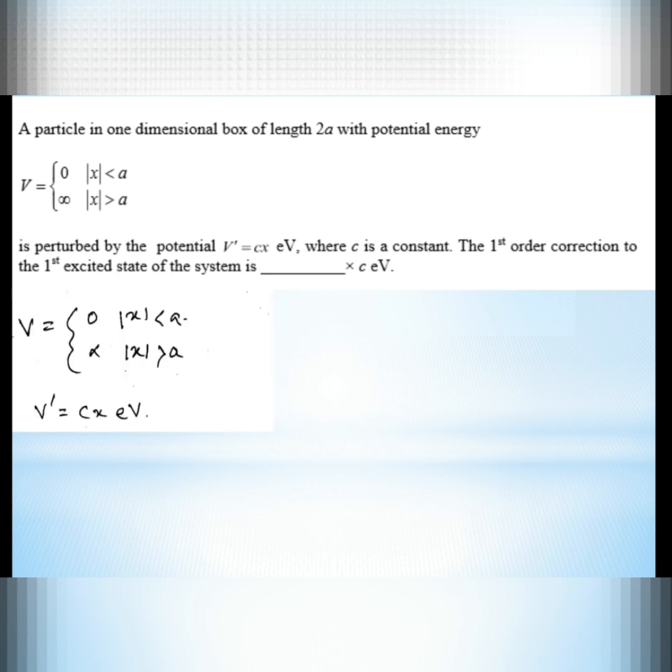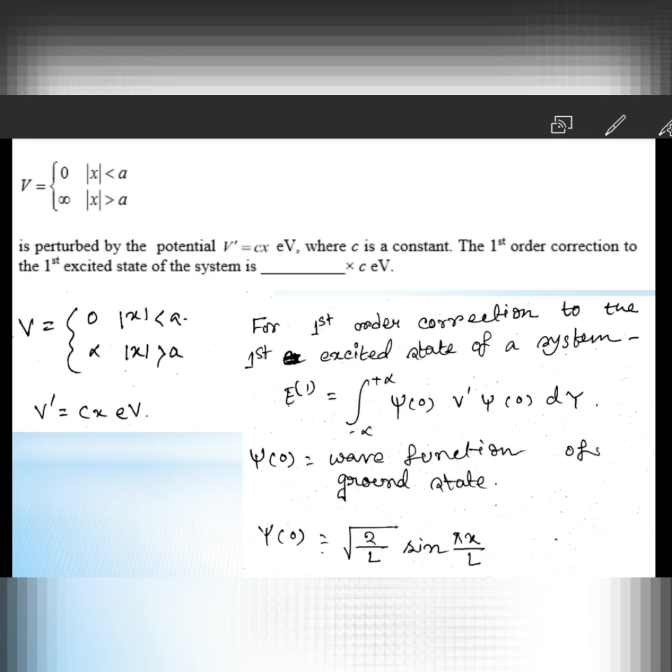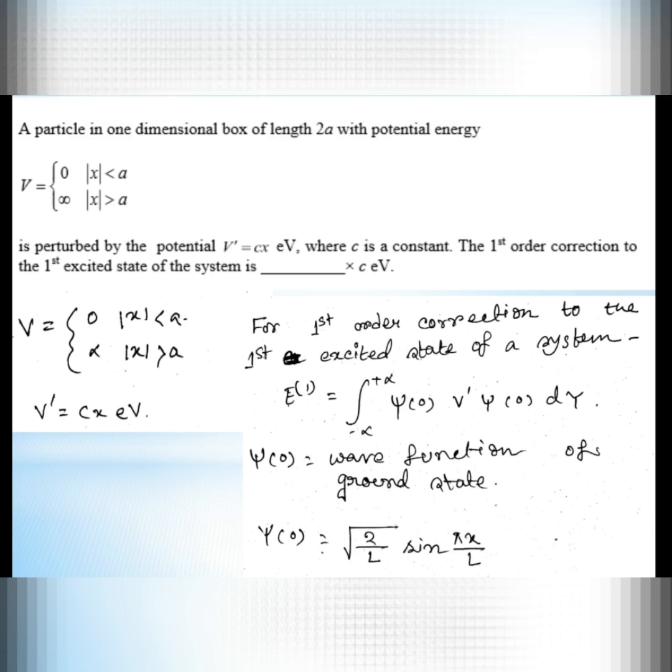For first order energy correction, E dash is equal to the integral from minus infinity to plus infinity of psi 0 V dash psi 0 d tau, where psi 0 is the wave function of the ground state.